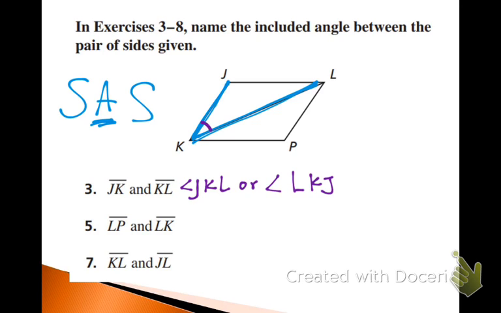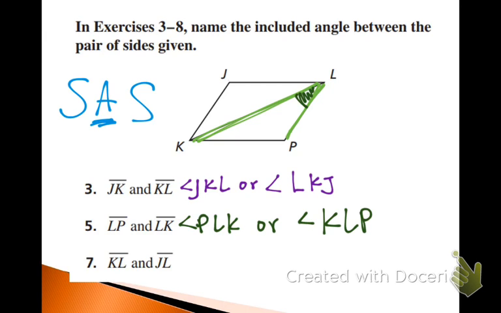How do we feel? Okay. Good. Let's move on to the next one. LP and LK. So again, it wants to name the angle in between, which would be this one. Sure. Angle PLK. Or we could reverse it. Angle KLP.